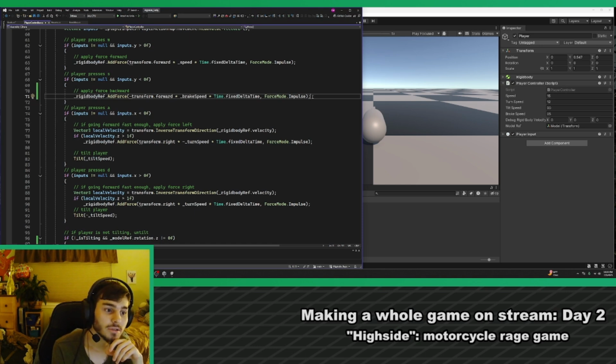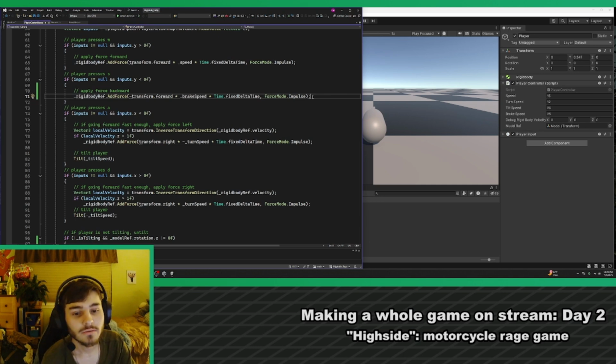I'm not sure if I want to subtract from the velocity or if I want to divide the velocity.